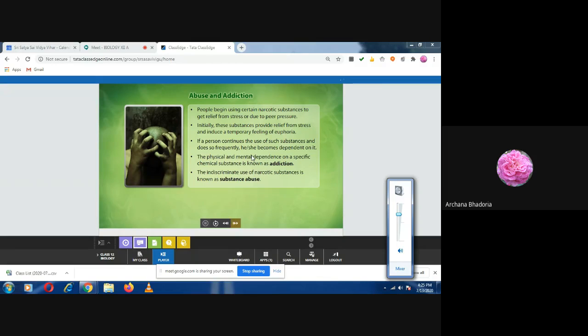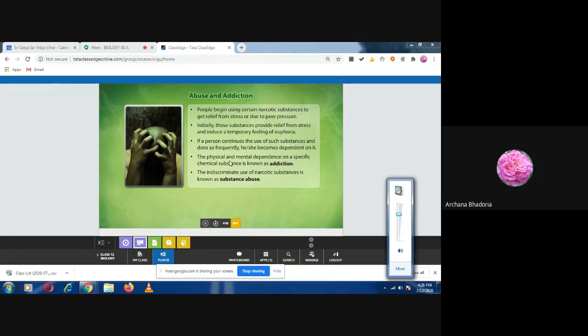Now physical and mental. Once they take it to reduce a little stress or due to peer pressure, after that the body starts demanding, and then the dependence starts, and that dependence on a particular chemical substance, we call addiction. So the definition you should know, children, is what is addiction.